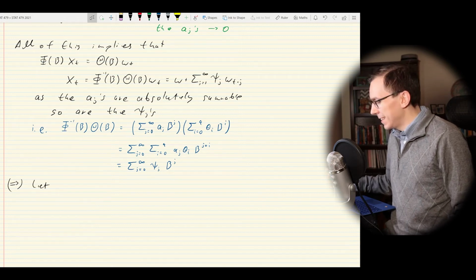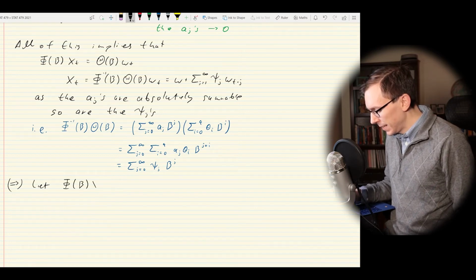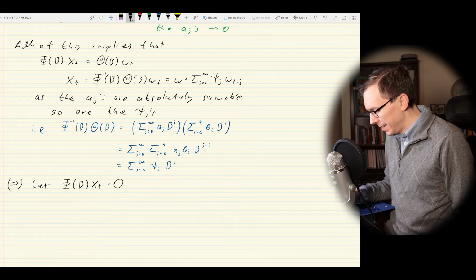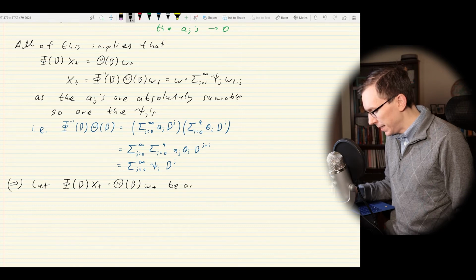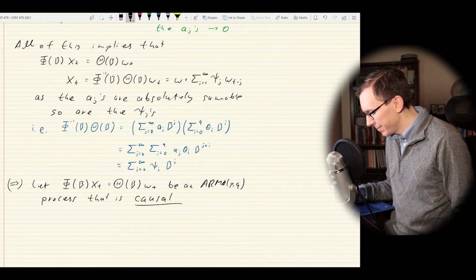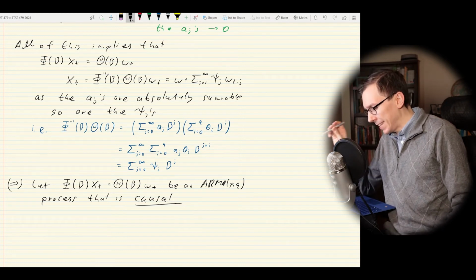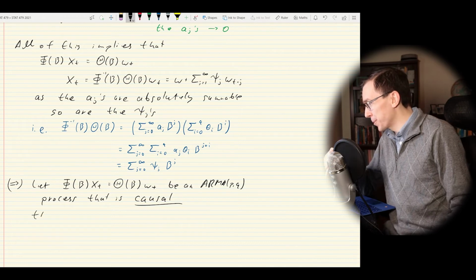Anyway, what we do is we say let phi(B) x_t = theta(B) w_t be an ARMA(p,q) process that is causal. So what does that mean? Well, that means exactly how we ended the last proof.